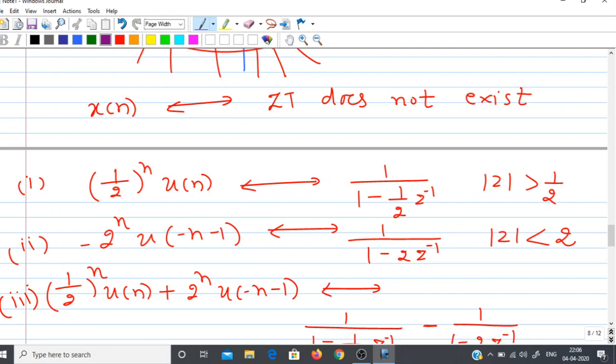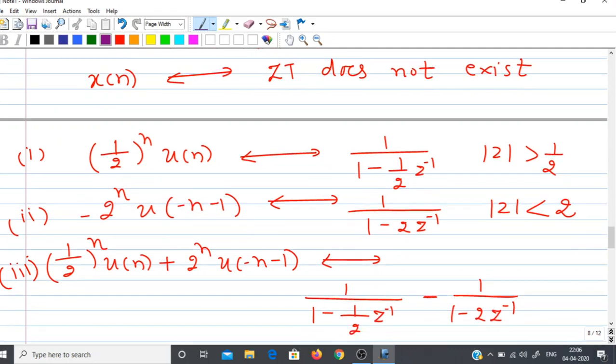That something is not important, but what is important is that the ROC is exterior to some circle. The second sequence, minus 2 to the power n u of minus n minus 1, is a left-sided sequence. And what is the ROC? The ROC is mod Z less than some constant. This time the ROC is interior to the circle.